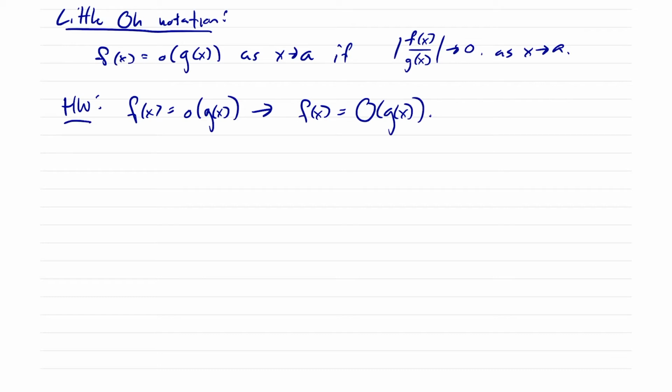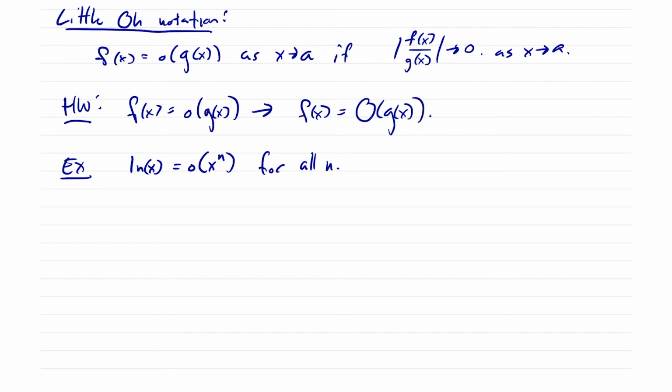So here's an example. Ln of x is little o of x to the n for all n.